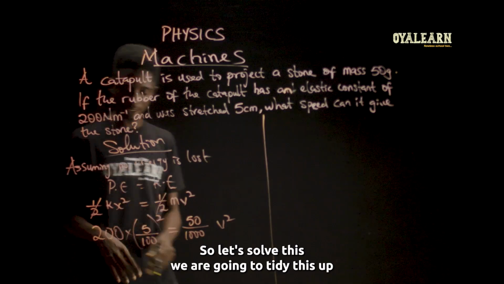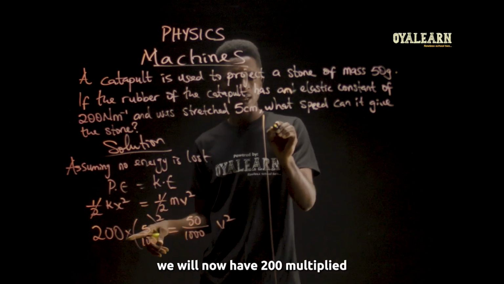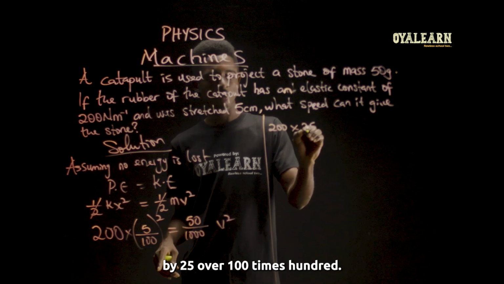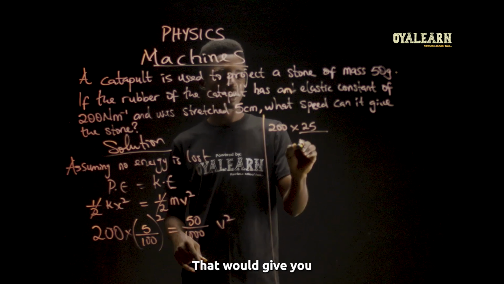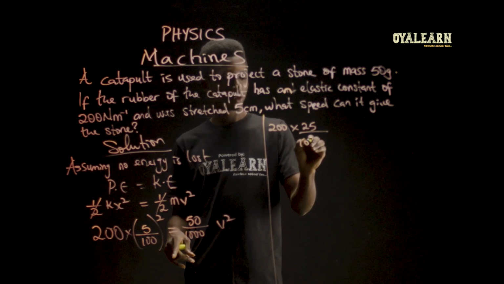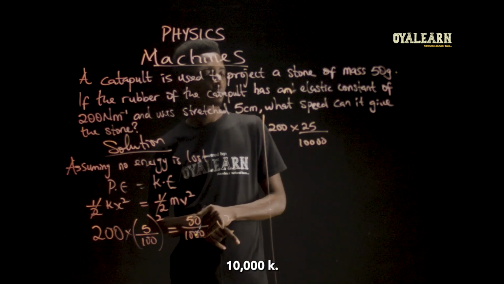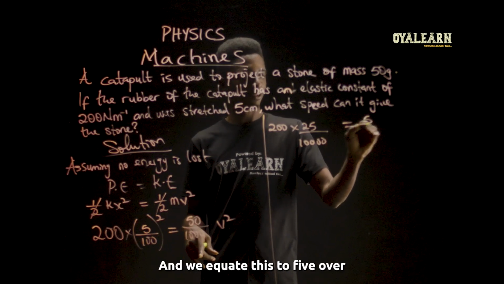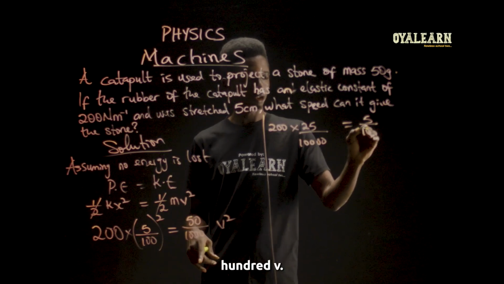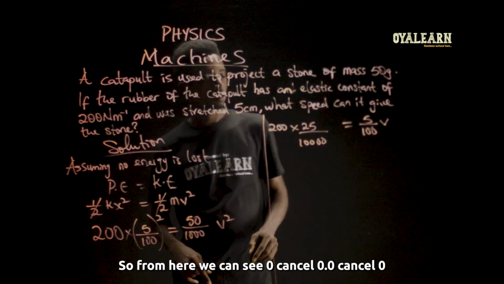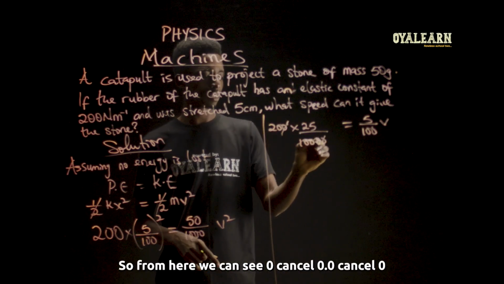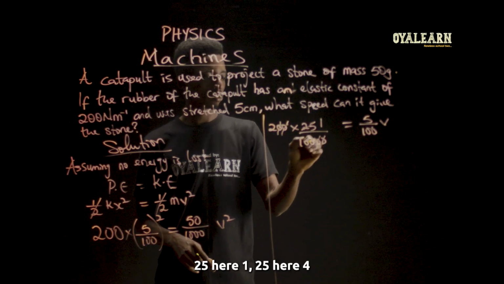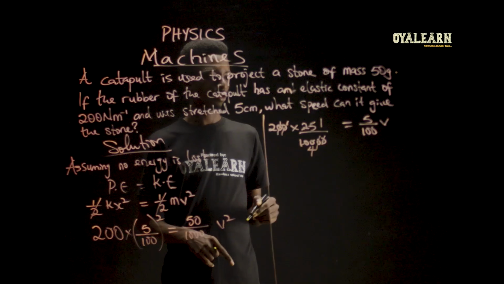So let's solve this. If we tidy this up, we'll now have 200 multiplied by 25 over 100 times 100. That will give you 10,000. Okay, and we equate this to 5 over 100 V. So from here we can see 0 cancels 0, 0 cancels 0, 25 here 1, 25 here 4.